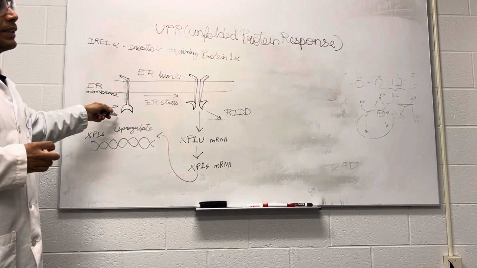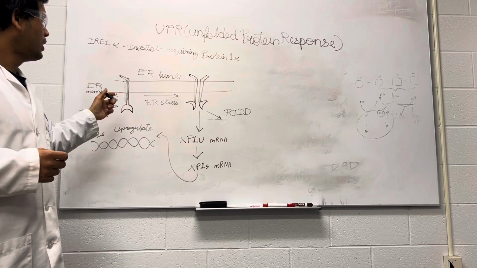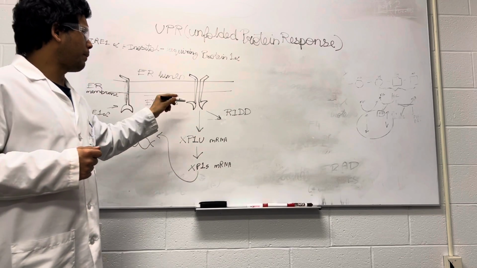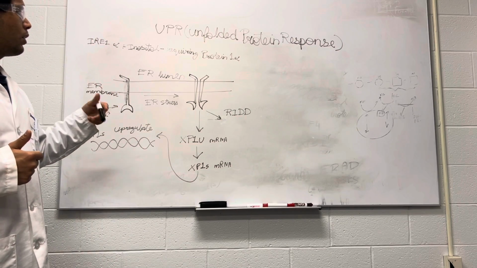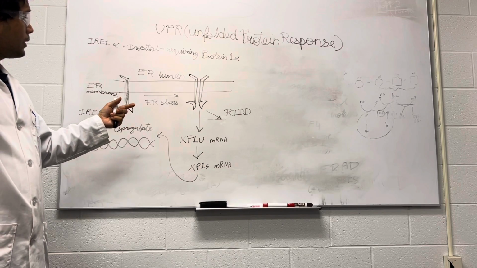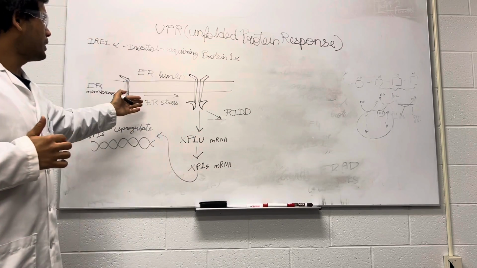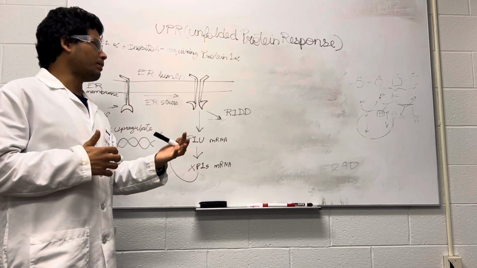Usually it is present as a monomer. However, when the ER stress is exerted, dimerization of IRE1 alpha happens, and this leads to activation of further signals. The main aim is just to reduce this ER stress and bring it back to its normal state.